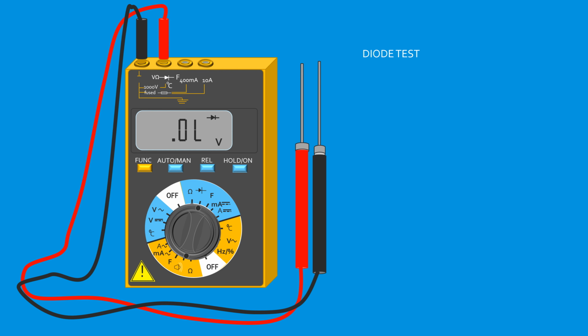Again, touch the red lead with the anode and the black lead with the cathode. Current will flow and a voltage drop will occur and voltage will appear on the screen.